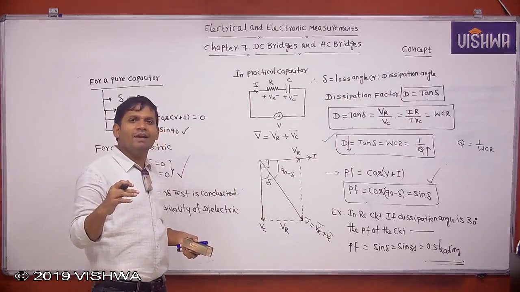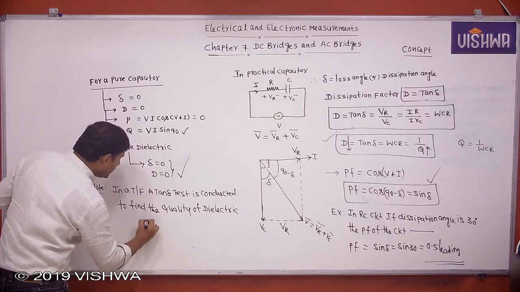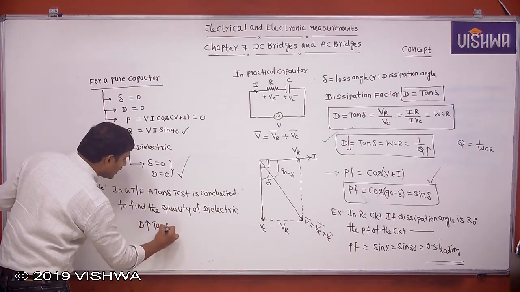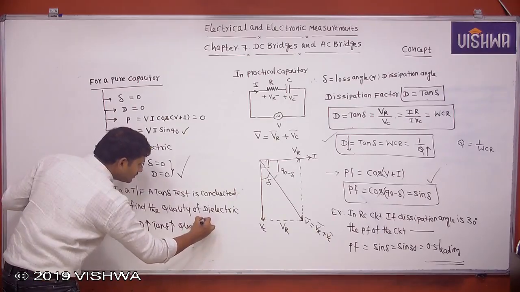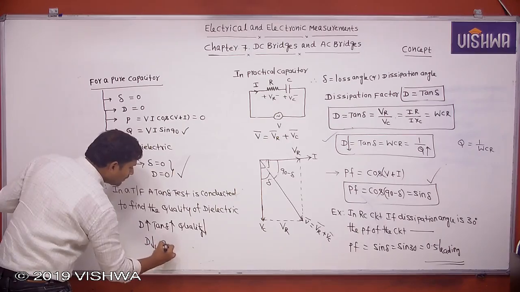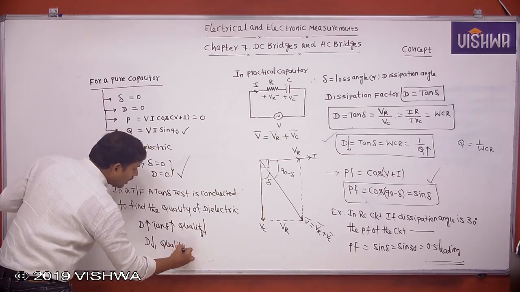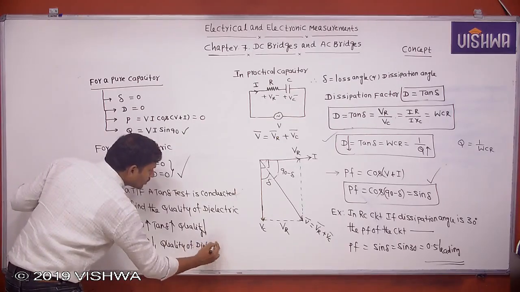If tan delta is high, that is, if D is high, the quality of the dielectric is less. If D is less, the quality of the dielectric is more.